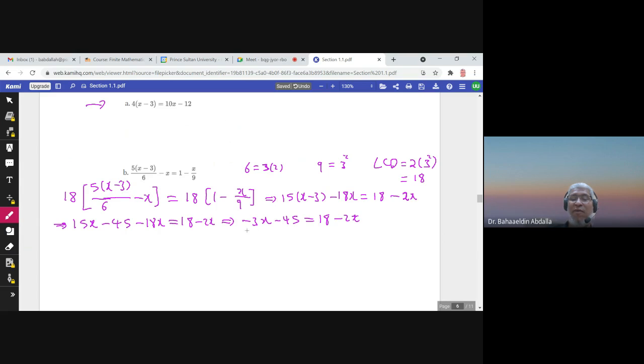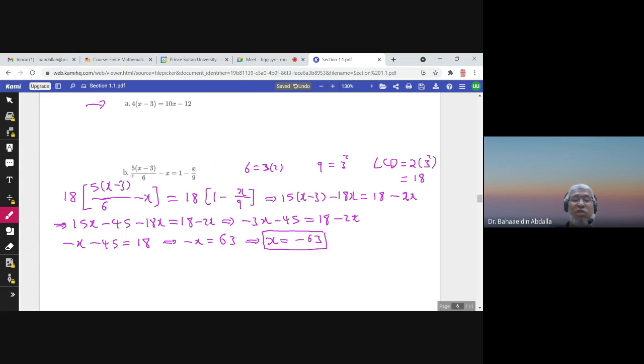Then you will have negative 3x plus 2x, that's negative x minus 45 equals 18. And now negative x would be equal to adding 45 to both sides and now dividing by minus 1 or multiplying by minus 1, you will get x equals negative 63.